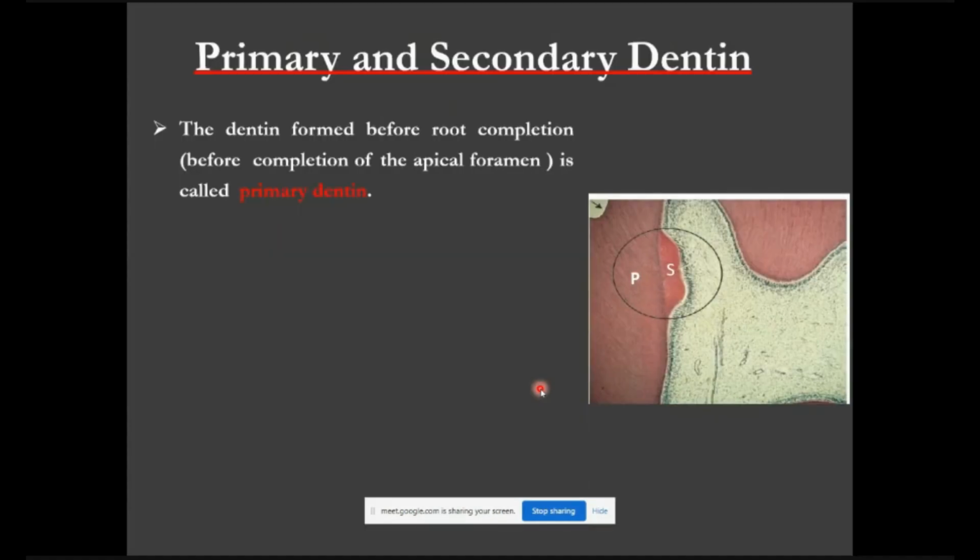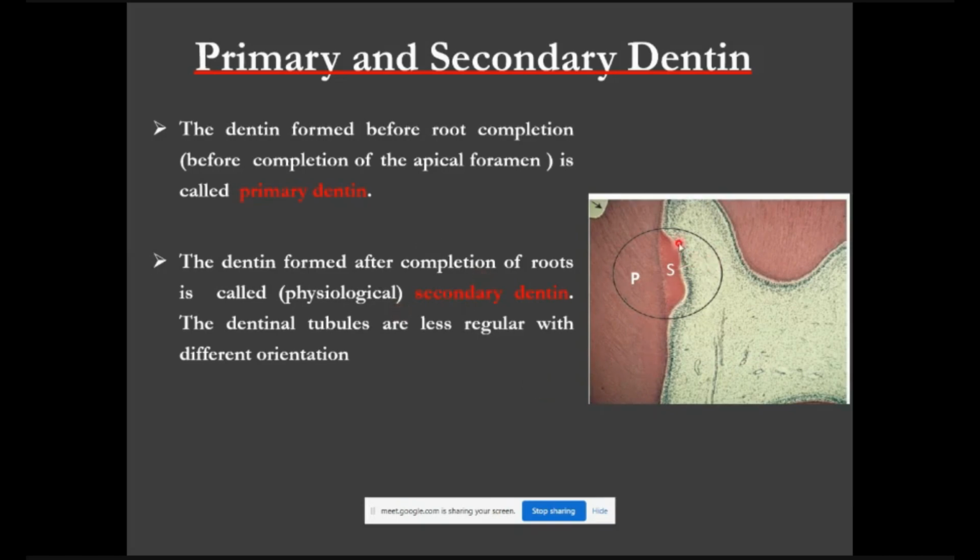So now we will go further with some other types of dentin. We need to know what is a primary dentin and what is a secondary dentin. The dentin which is formed before the root completion, that is even before the apices of the teeth are completed, is called primary dentin. And whatever is formed after that is called secondary dentin. There is a slight difference in its structure when compared to the primary dentin.